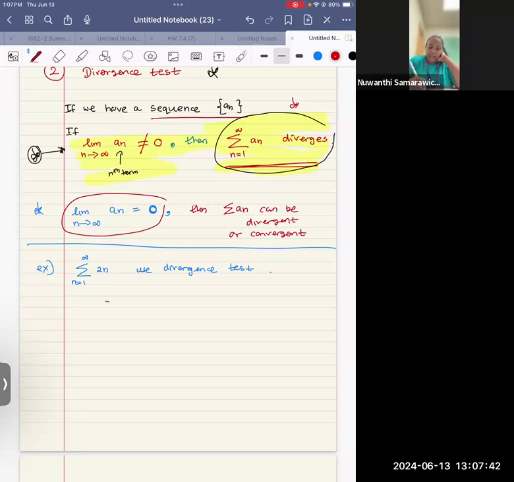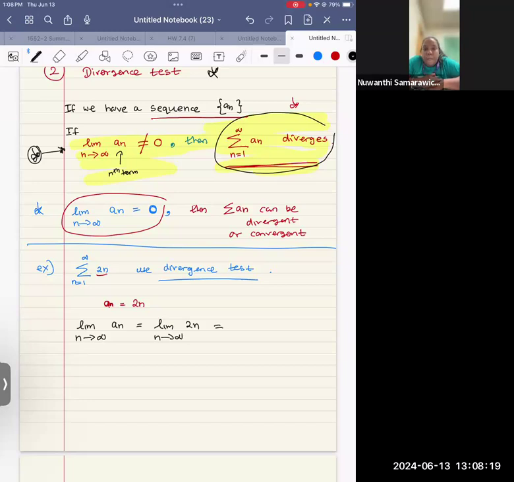What is the nth term here? It's just 2n. To use the divergence test, we need to take the limit when n approaches infinity of the nth term. What happens to it?